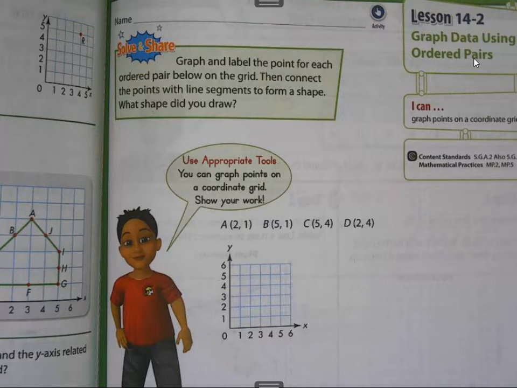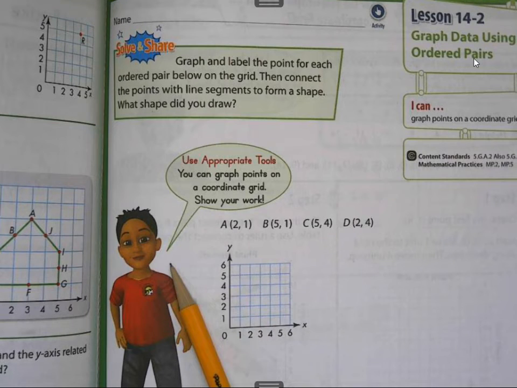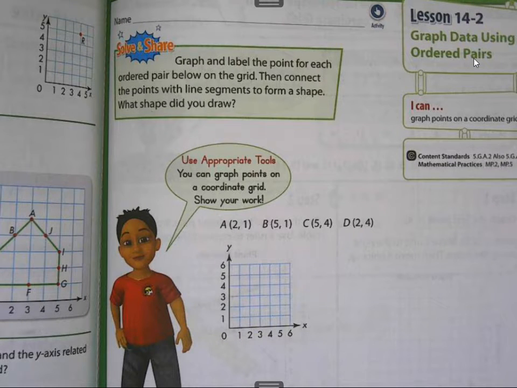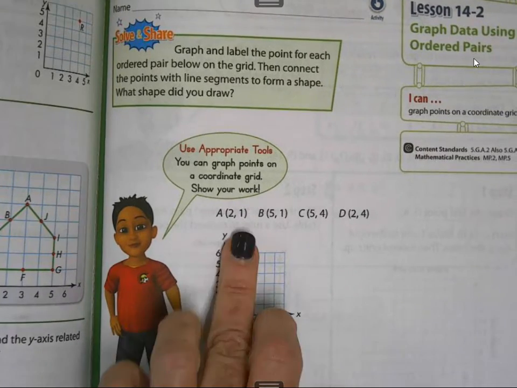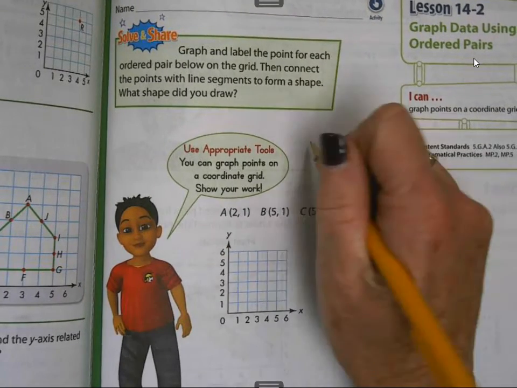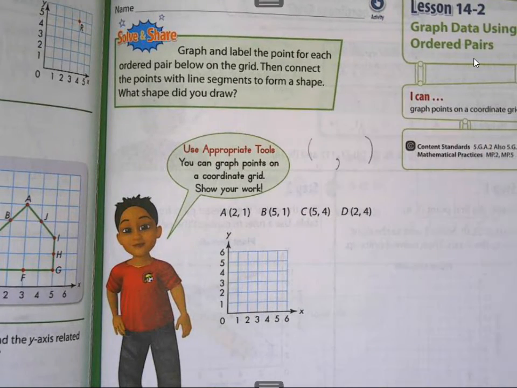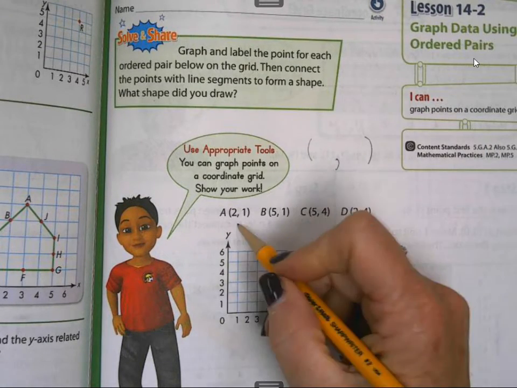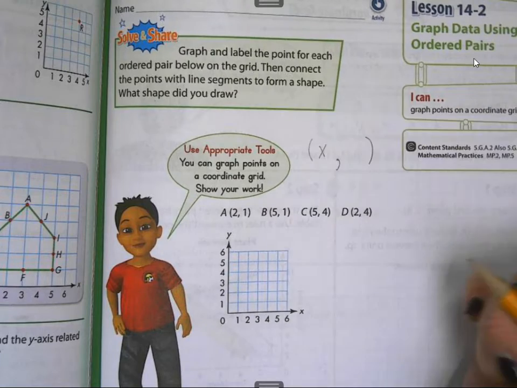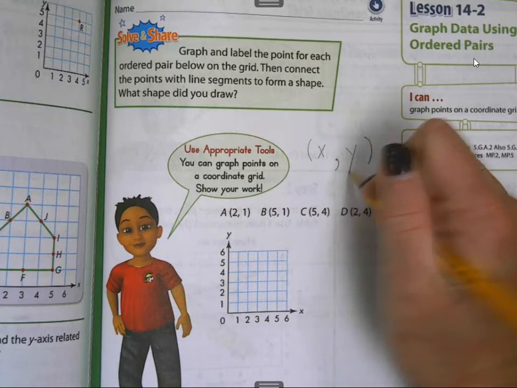All right, so the 5th grade helper gives us a tip that you can graph points on a coordinate grid, show your work. So let's look at point A and let's talk about it. We talked about an ordered pair being an address of where something can be located. The first number is the X value and the second number is the Y value.